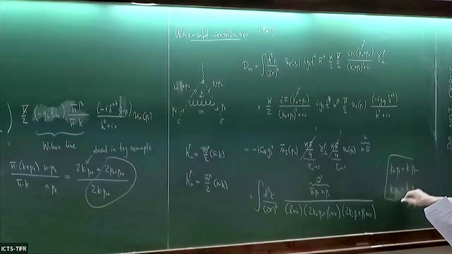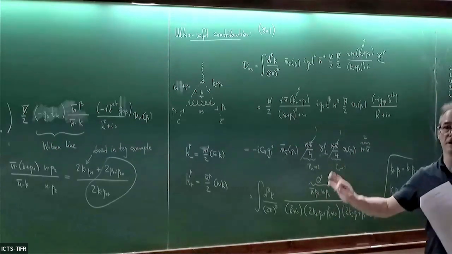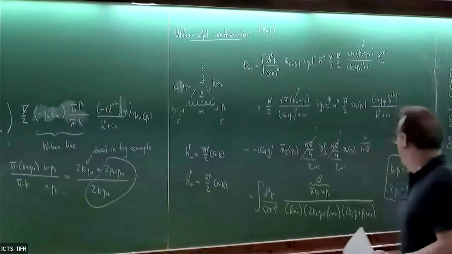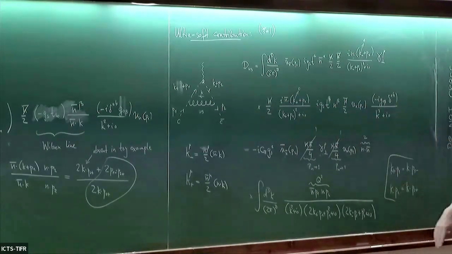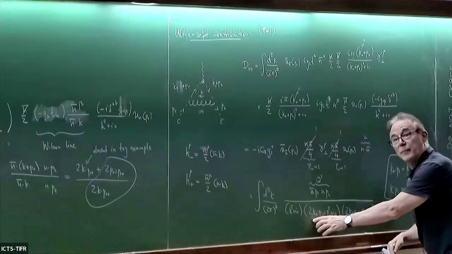And with this result, you can go back to your notes and you find this is exactly the ultrasoft contribution. There are no numerator structures in this case. So this is exactly the ultrasoft integral. And you see that the multipole expansion, which was so strange last time, gives rise to these linear propagators as it should.